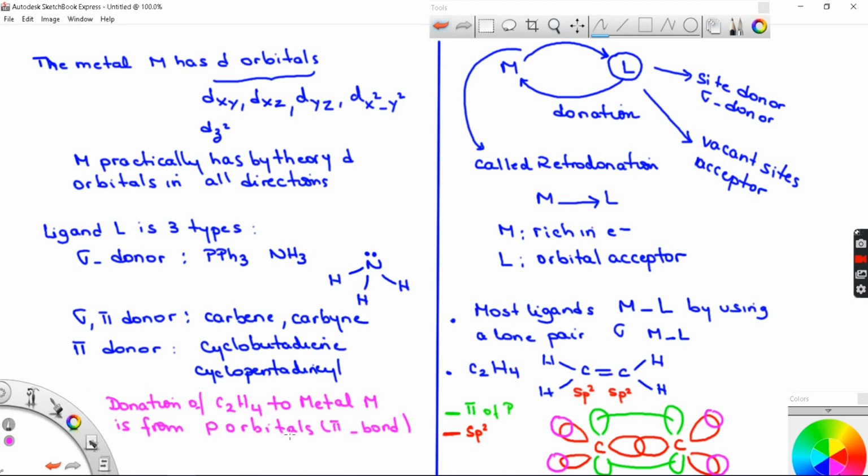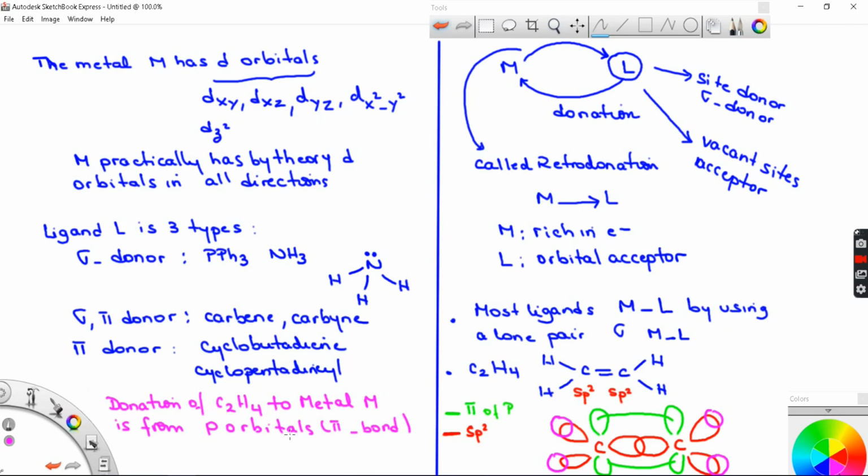And if the donation of C2H4 to the metal M is from p orbitals of C2H4 by overlapping with the d orbital of the metal M, then the type of bond between M and L is pi.